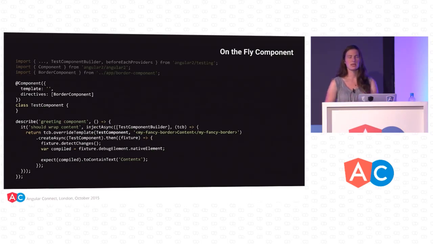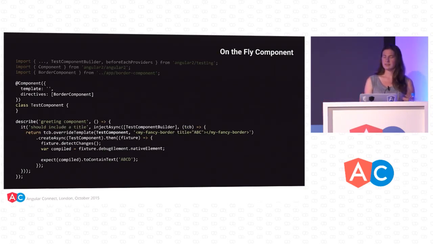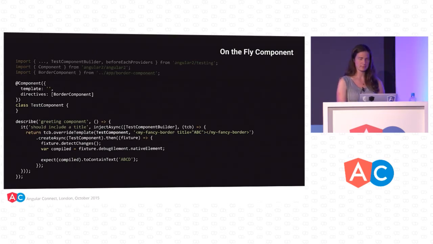So in this first case, let's override it and make sure that entering content inside of the fancy border works properly. So we expect that that content text element gets in. And we could write a different test where we override it with a different template that tries the title input and makes sure that that gets output properly.